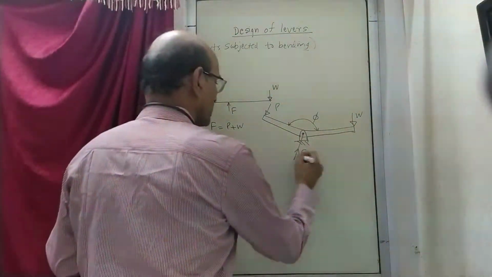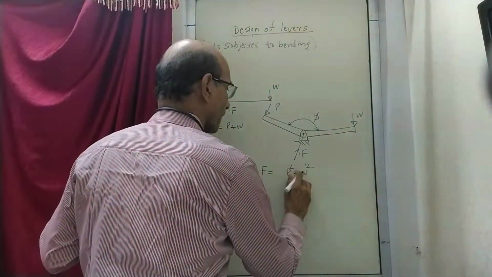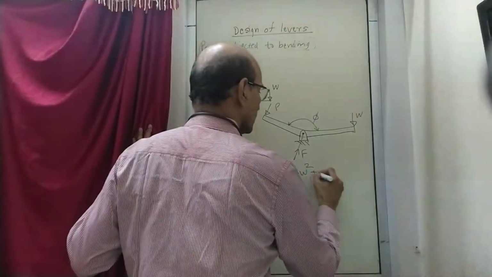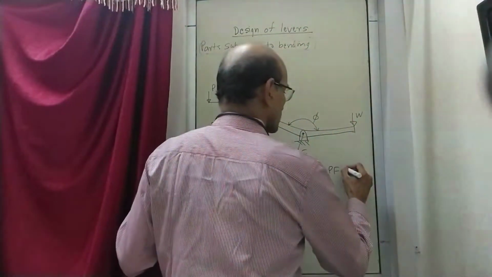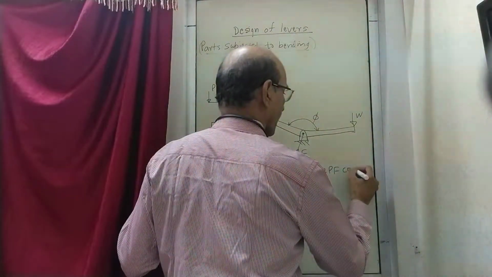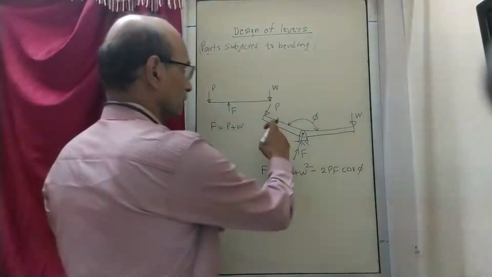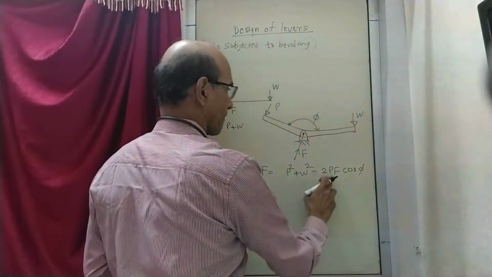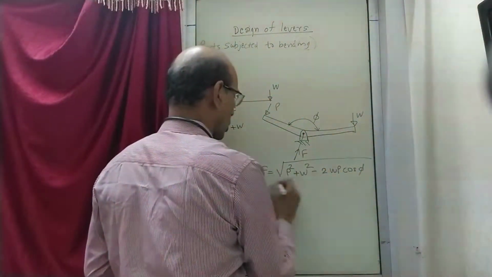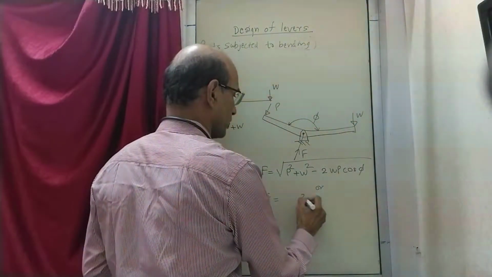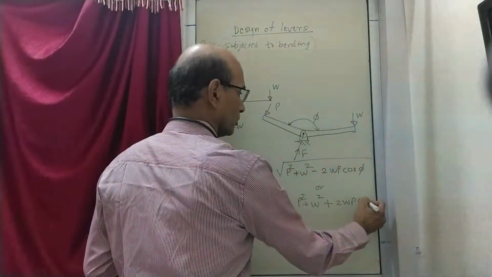According to that, F will be equal to the square root of P square plus W square minus 2WP cos phi, or F is equal to the square root of P square plus W square plus 2WP cos theta.